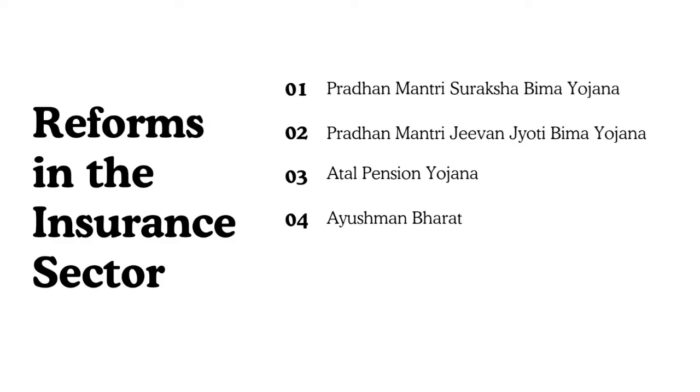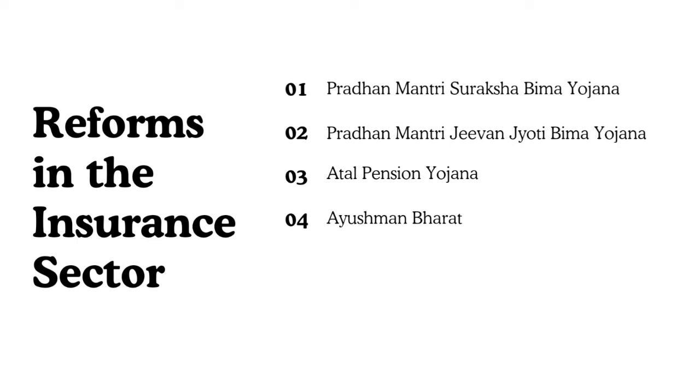Pradhan Mantri Jan Arogya Yojana was launched in 2018, which is the largest public health insurance scheme in the world itself, and it aims to provide Swasthya Suraksha to nearly 10.74 crore poor people, vulnerable families, as per the socio-economic caste census of 2011.